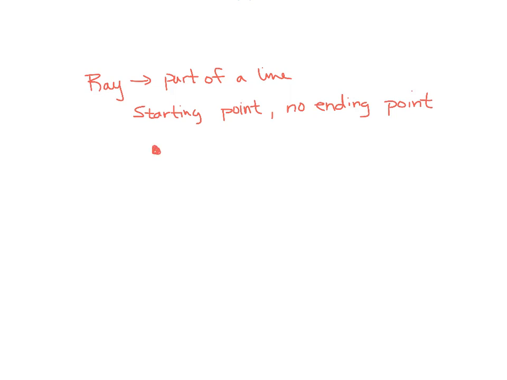This is our starting point and it goes either to the right or the left or up or down or whatever. But you have G and you have H. The symbol you put over is that, okay? Not an arrow on both ends because it has a starting point. And then you write the starting point and another point on the line. This one only has 2 points, so you can only write GH. But you always start with the starting point and end with a different point.